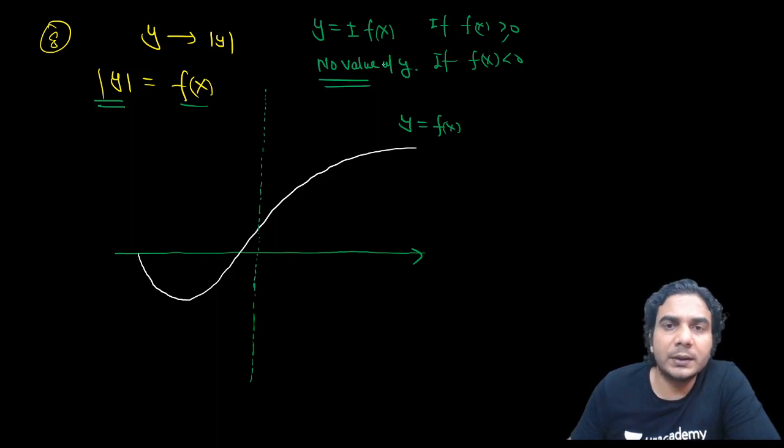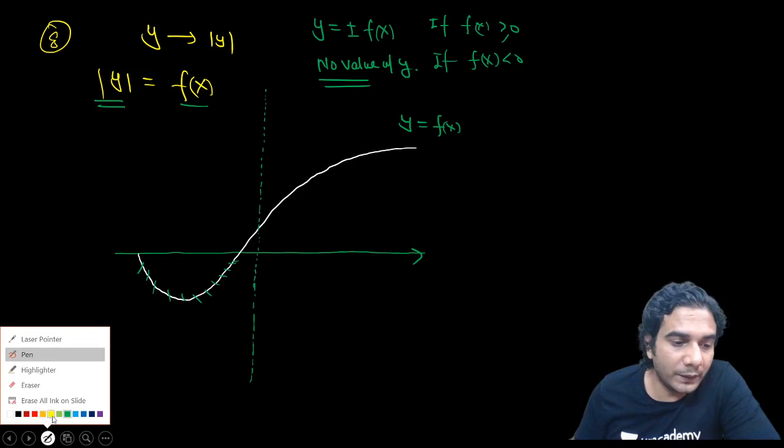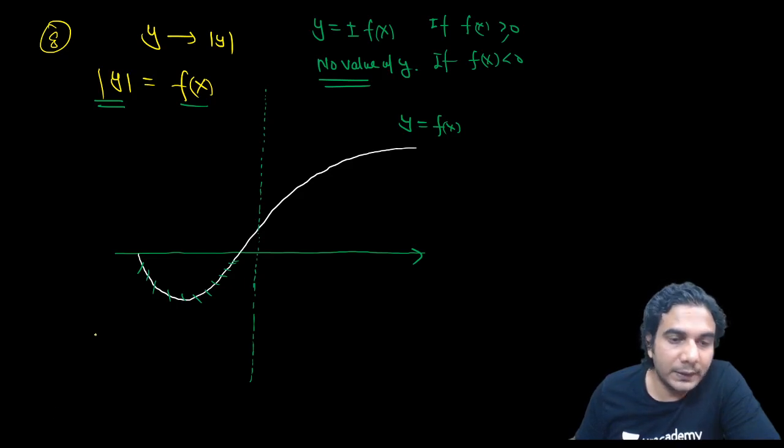That means no point. There's no point on the curve where f of x is negative, all right? So that means you need to remove this graph. Are you getting this point? This portion of the graph is negative, so you need to remove this portion. So you need to remove the portion of the graph which lies below x-axis and then take the image.